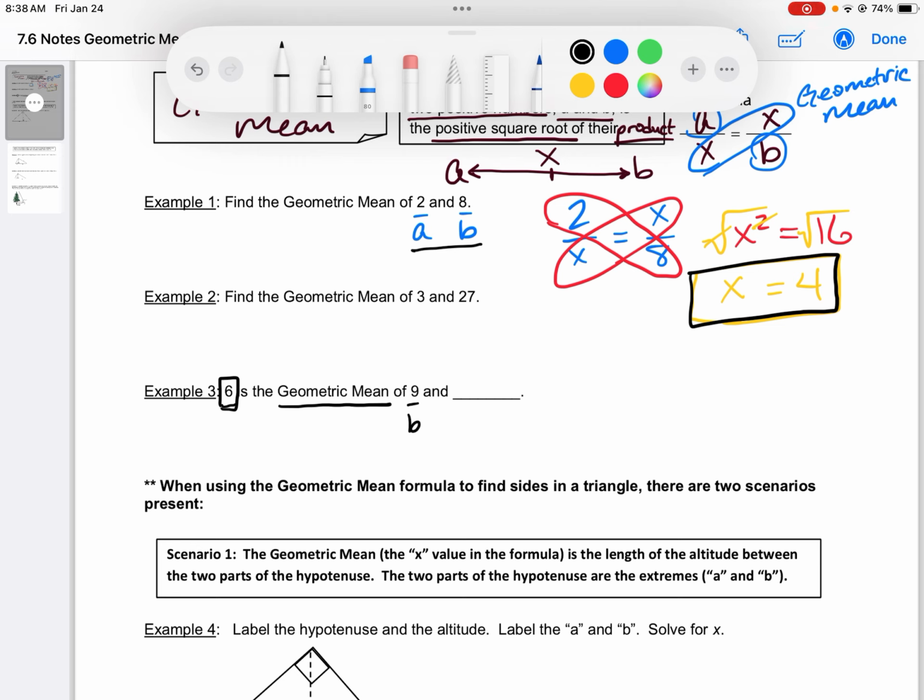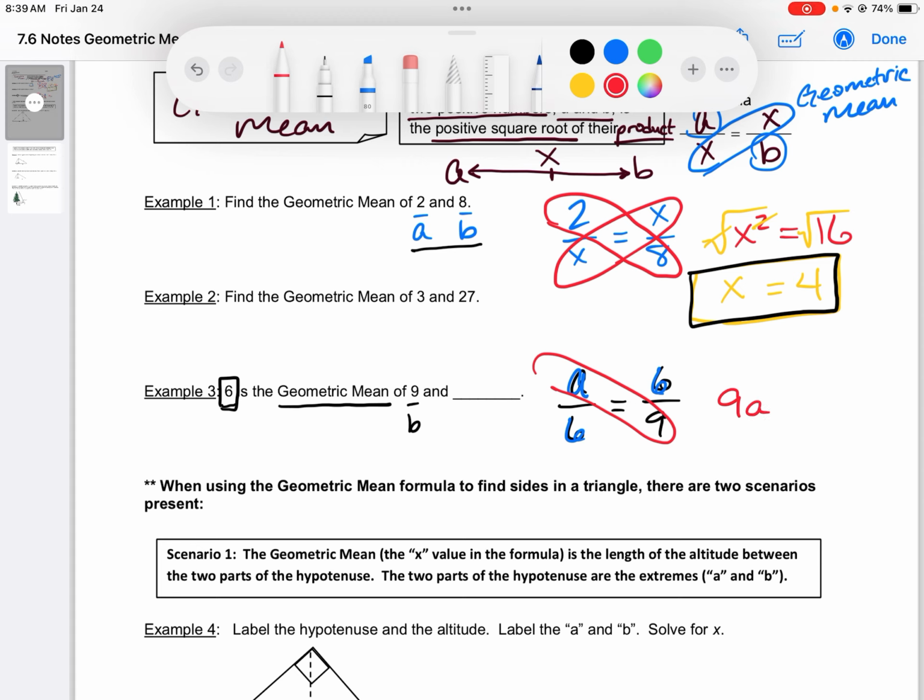Now we're going to set up our formula. We're going to say that A over 6 equals 6 over 9. I left the A as a letter because it is an unknown variable, and I put my 6 in as my geometric mean. Now I'm going to do the same thing and cross multiply.